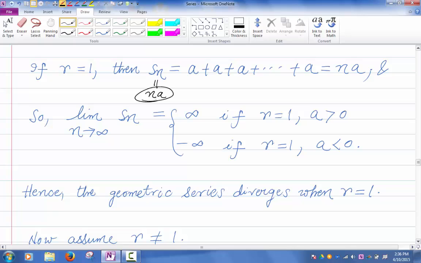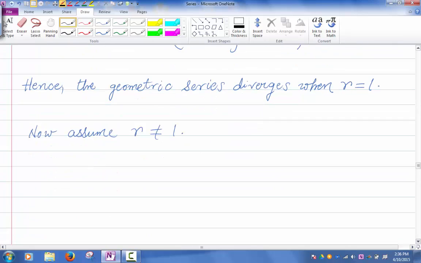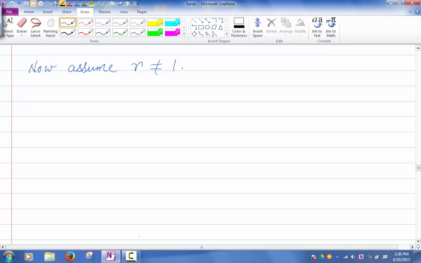Is that clear? Okay, so now we want to look at the case when r is not 1. Assume that r is not 1. So what can I say in this case? R is not 1. So let's think about what Sn is again.